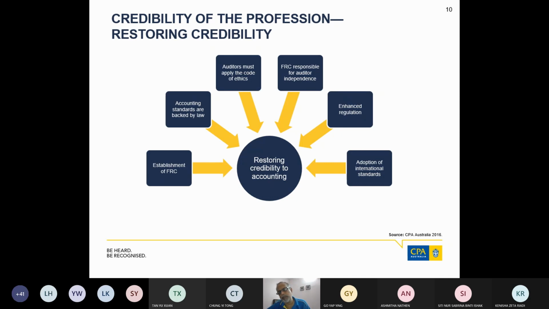So for example, if the question asks you how can the accounting profession restore their credibility, and you say 1, establishment, 2, accounting standards backed by law, 3, 4, 5, it's not to say wrong, but you need to elaborate, give examples. Today, because it's early semester, I'm giving you the hint.